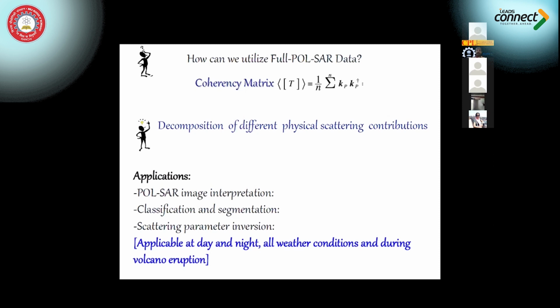Okay, and another important piece of information which is not easily obtainable from optical data. Suppose you want to get the pack information of any media, for example the snowpack parameters: dielectric constant, the depth of the snow, or the density of the snowpack.